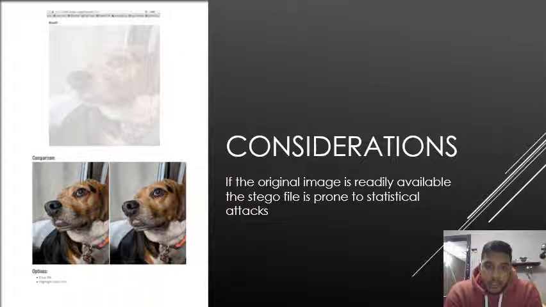So, things to consider when using steganography: don't use a photo that is readily available, or make sure it's hard to find the original. If you're using an image that's commonly dispersed around the internet, it might be harder because there's going to be discrepancy through JPEG compression when you re-download it each time.